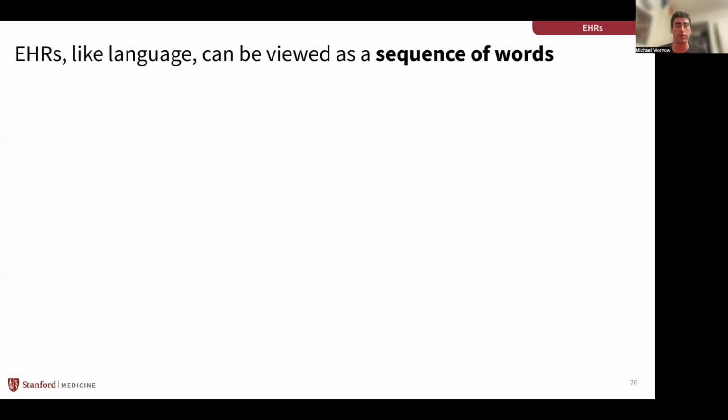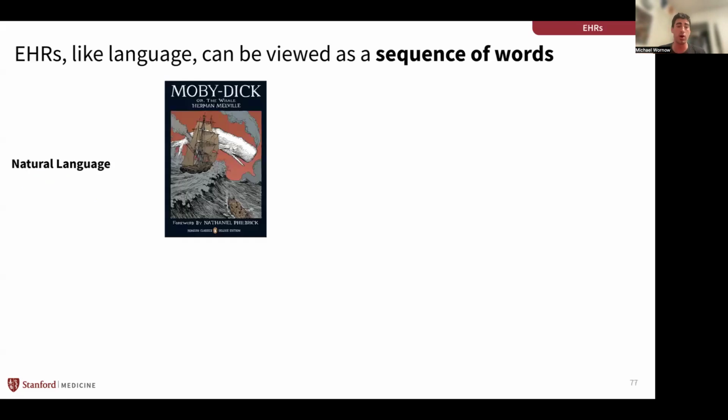So let's think about language and what it means to model language. Here's a book, and there's a bunch of words in the book. Each word is a distinct thing. In the verbiage of machine learning, we'd call each of these words a token. So there's a bunch of tokens and they're listed in a sequence and there's sentences. So there's some structure to these sequences.